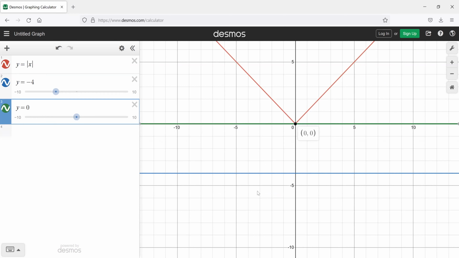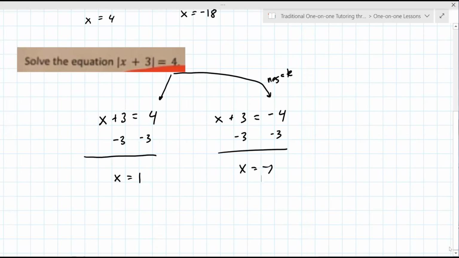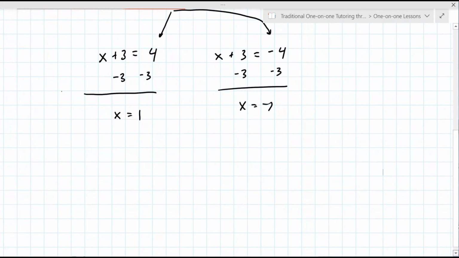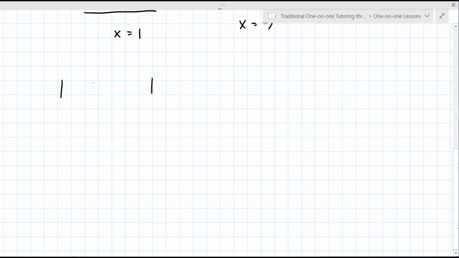Okay. So let's go back to the other screen now that we've talked a little bit about this, and I'm going to share that. And what you have to remember about the absolute value is that it does not matter what is inside the absolute value, the absolute value always produces positive or 0.